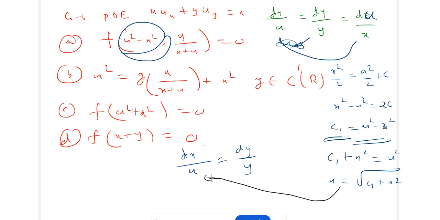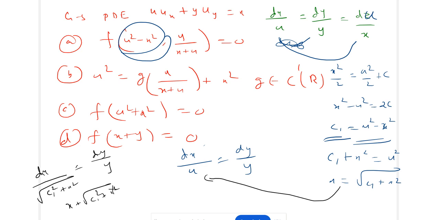Variable separable can be applied. When we apply variable separable, we get dx by root of c1 square plus x square equal to dy by y, taking c1 as a constant. Integrating root of a square plus x square, the formula gives log of x plus root of a square plus x square.